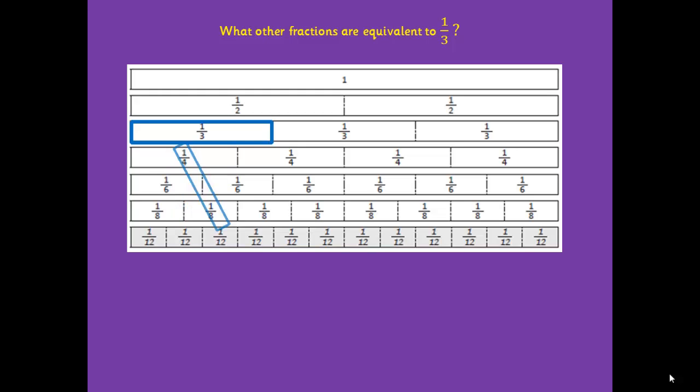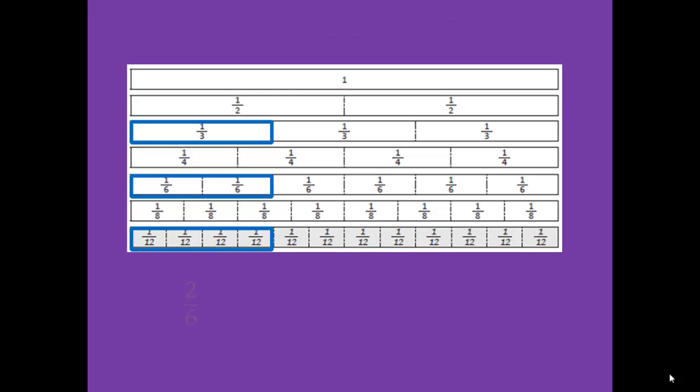There is this one, 2/6 that are equal to 1/3. Can you see any more? Excellent. 4/12 are also equal to 1/3. So we can say that 2/6 and 4/12 are equivalent to 1/3.